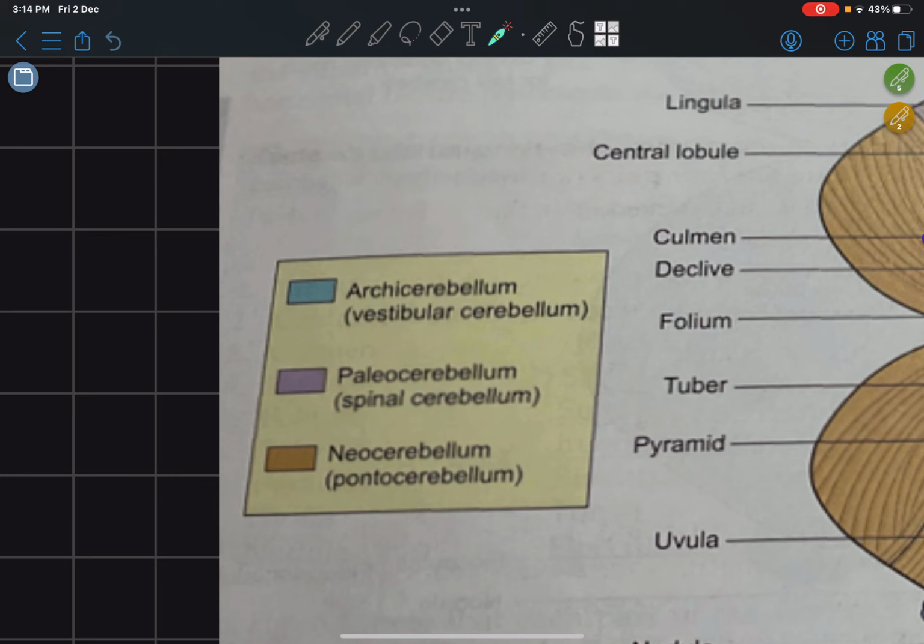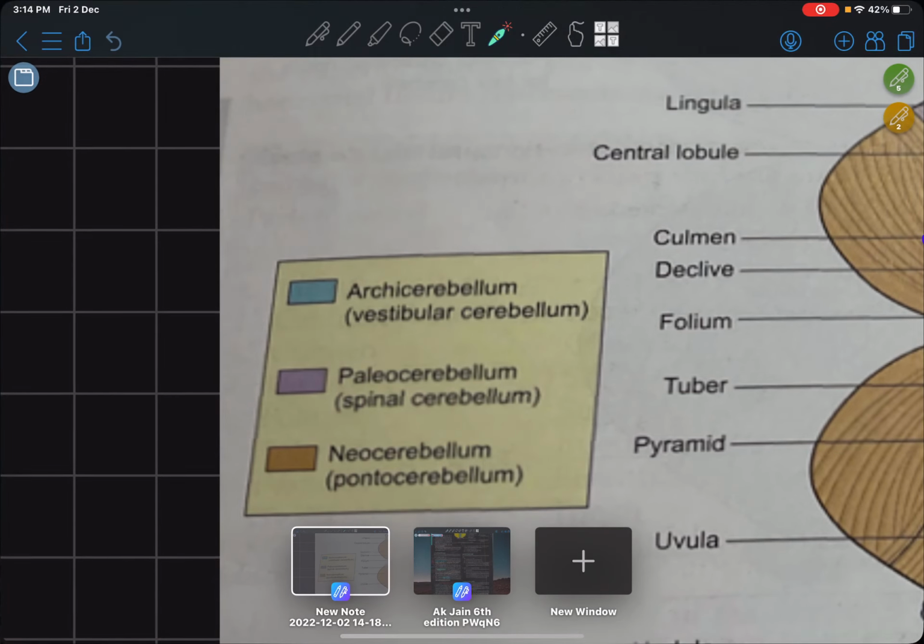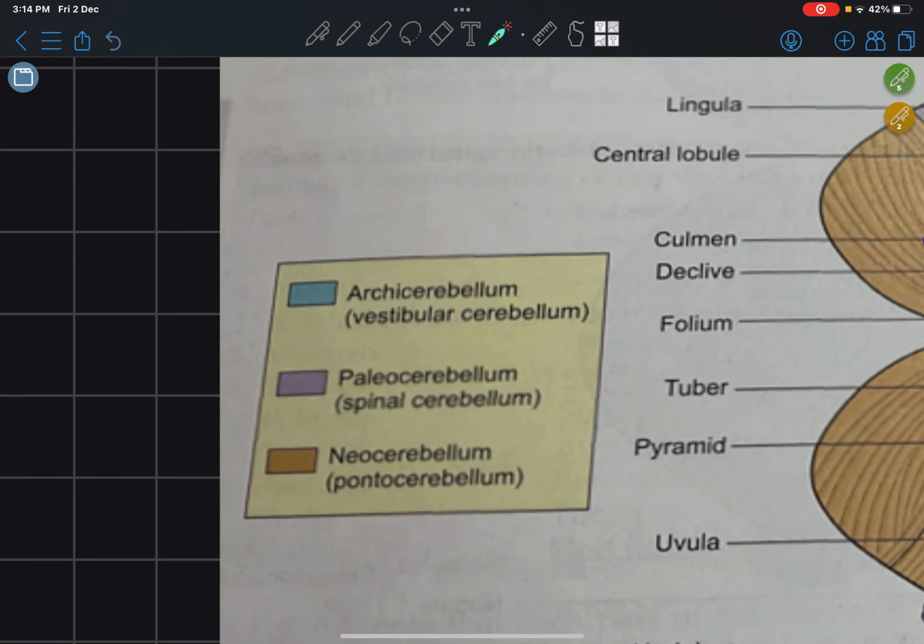And neocerebellum is termed as pontocerebellum because of its connection with the pons. Because it is related to the pons, it basically is related to voluntary and skilled movements, but the function part of it will be more discussed in the physiology part of it.